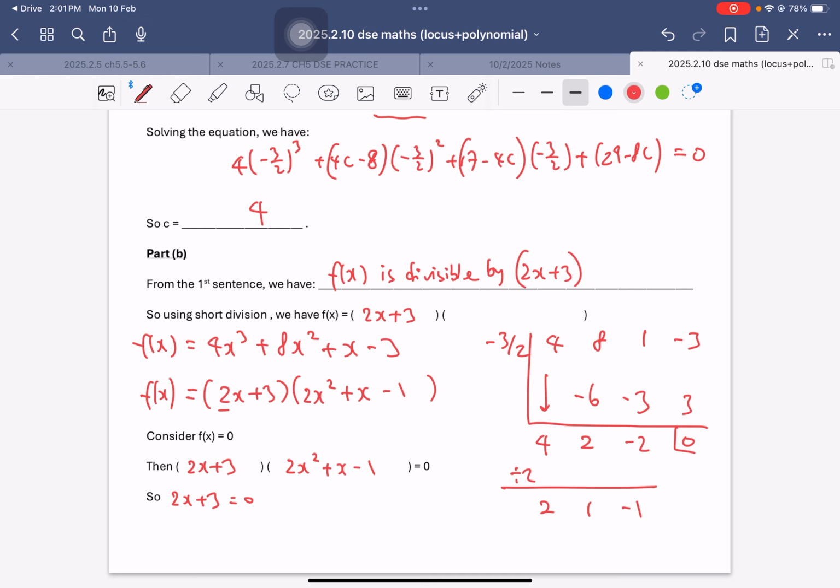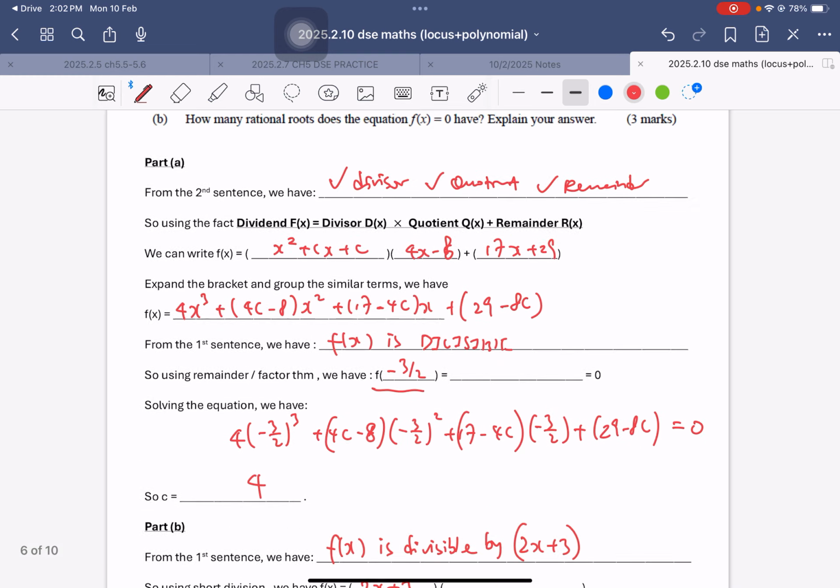So if 2x + 3 equal to 0, then x is equal to negative 3 over 2. Or 2x squared plus x minus 1 is equal to 0. Then this is what formula? Right. Then using the formula, what are you going to have? 0.5, or negative 1.